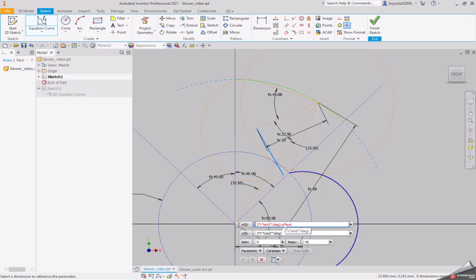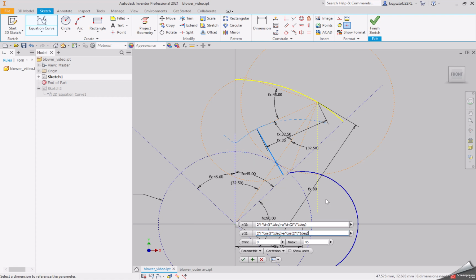So sin of 2 times t, because t is my input angle. And I need to subtract a by cos of 2 times t times 1 deg.